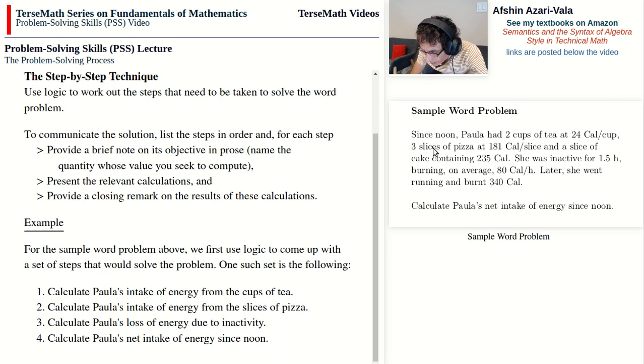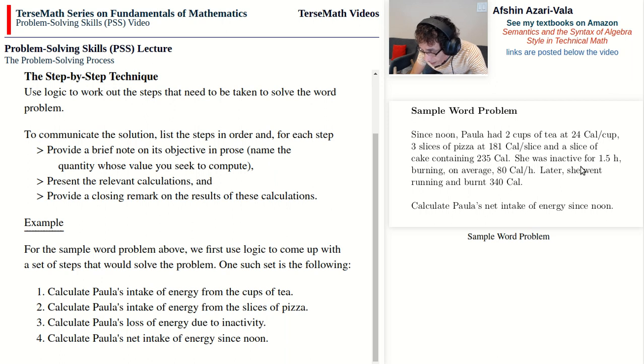And then as we read the problem, it says she had 3 slices of pizza at 181 calories per slice. So step 2: calculate Paula's intake of energy from the slices of pizza. We will do that by multiplying 3 and 181. There is no need to do anything at this point in time with the 235 calories, which is the energy content of the cake.